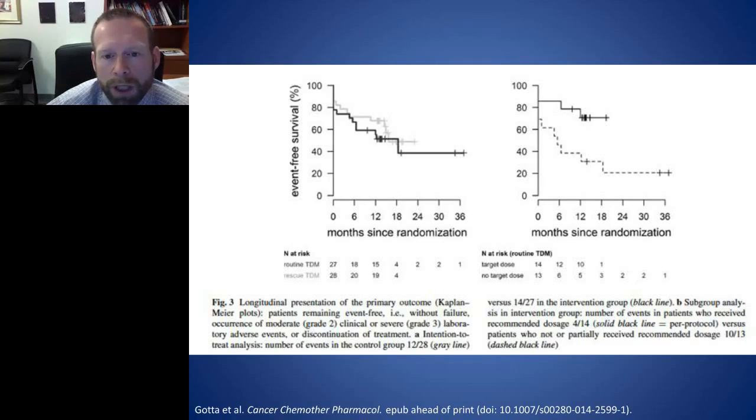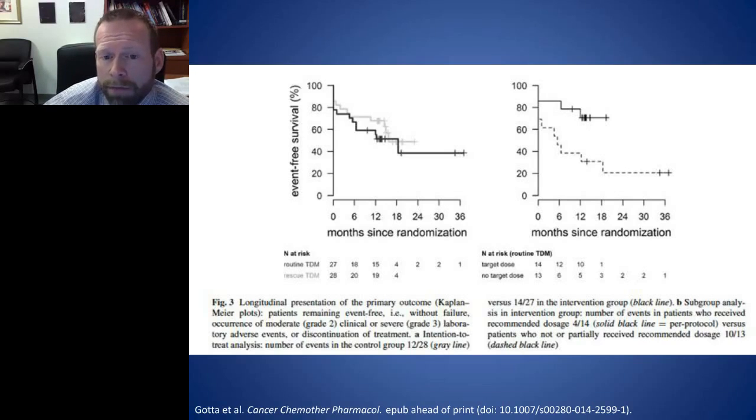What they found was that in many cases, even though they gave dosage recommendations, those dosage recommendations were not followed. If you go into the routine TDM, which is the figure on the right-hand side, when they look at the subgroup analysis, you're getting the solid black line up here. These are patients who followed the protocol. And in the dashed line down here, these were patients who did get the TDM results, but the physicians, for whatever reason, did not make the dosage adjustment as recommended by the protocol, or maybe they made a dosage adjustment, but just not the full amount.